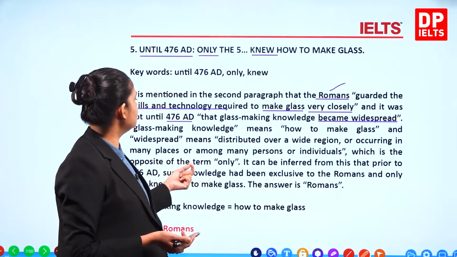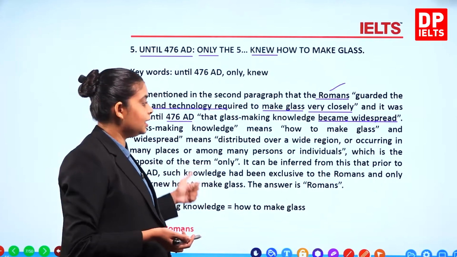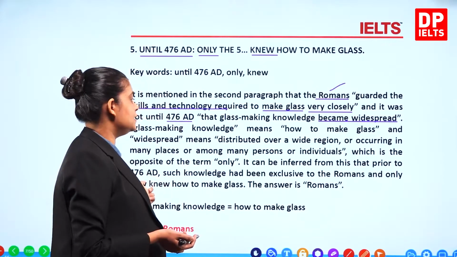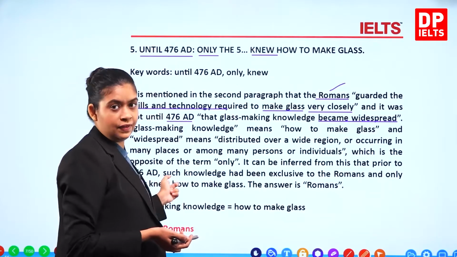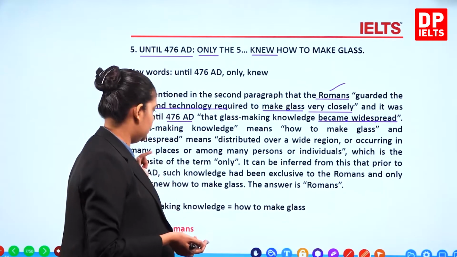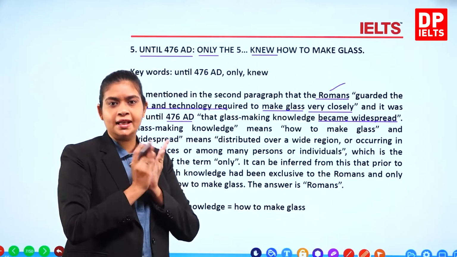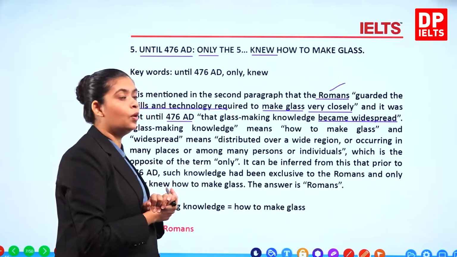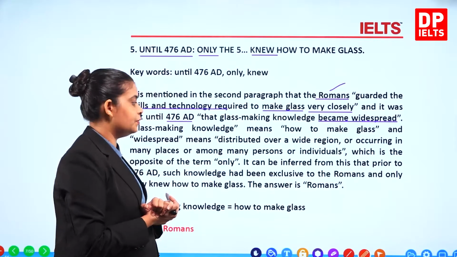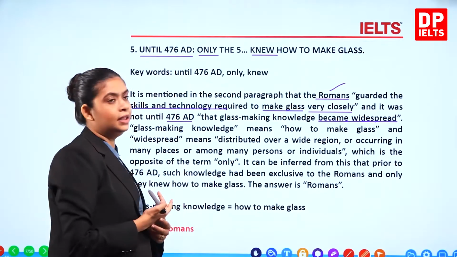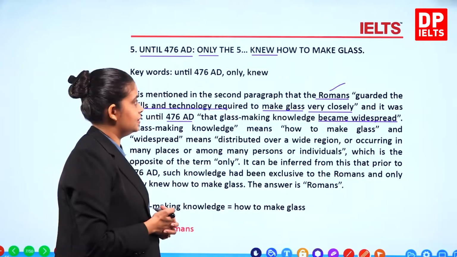Which is the opposite term of only. So it can be inferred from this that prior to 476 AD, such knowledge has been exclusively known by only the Romans, right? And therefore, the answer is Romans.